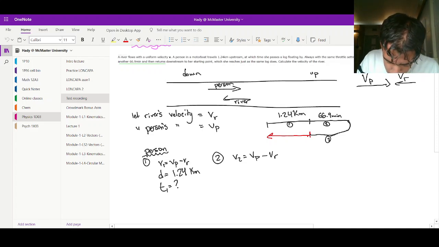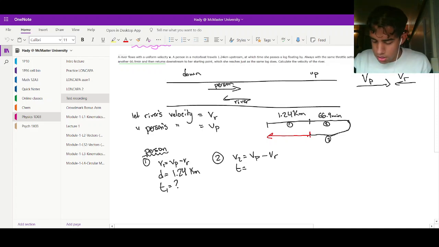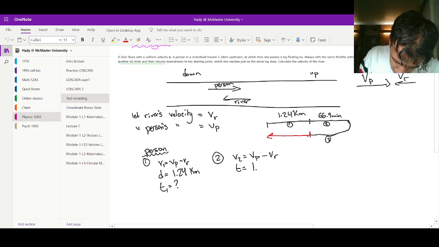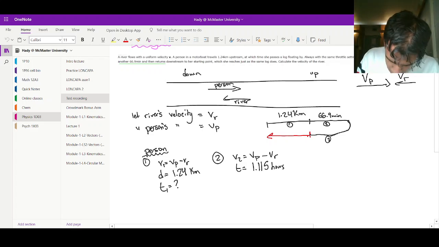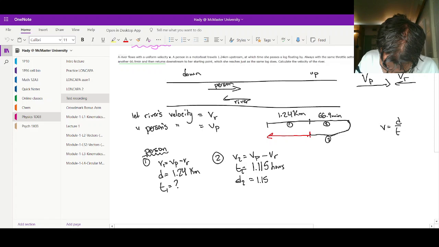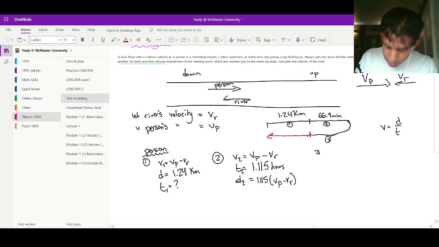We have our time, which is 66.9 minutes, which I'll turn into hours by dividing by 60. So we have 1.115 hours. So time 2 and distance 2. What is our distance equal to? Well, d equals vt, so it equals 1.115 times (VP minus VR). Then we have scenario 3, where it turns around, and our new velocity is VP plus VR.